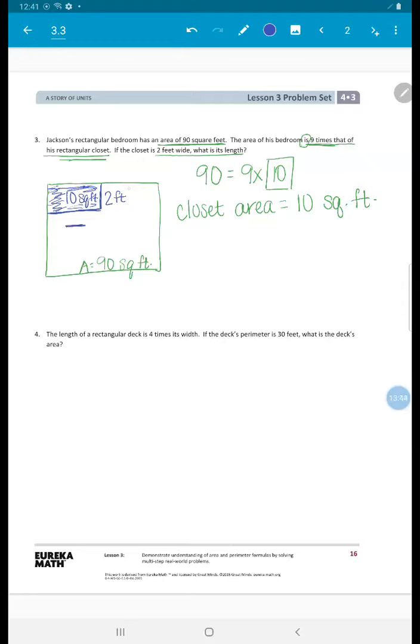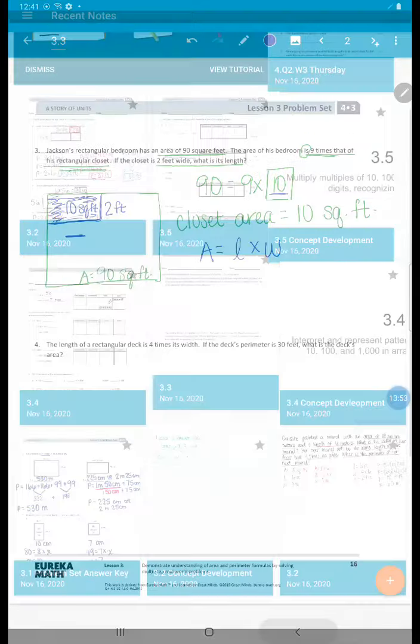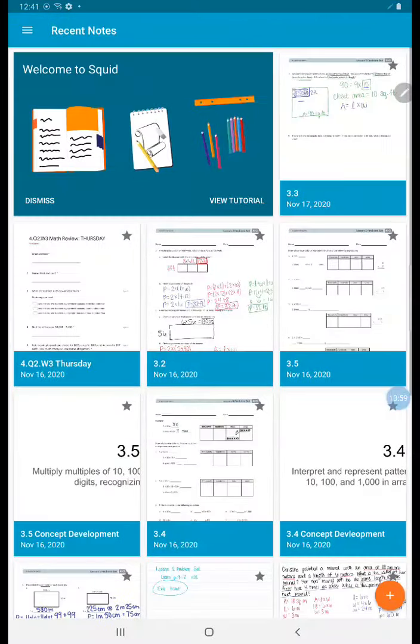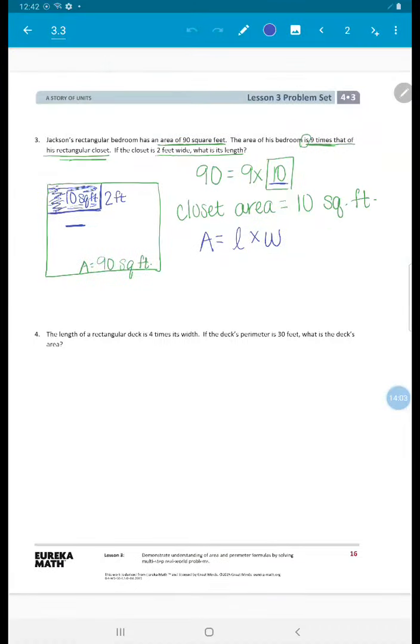So I can now apply the area formula. Area equals length times width. We found out earlier the area is equal to 10 square feet.